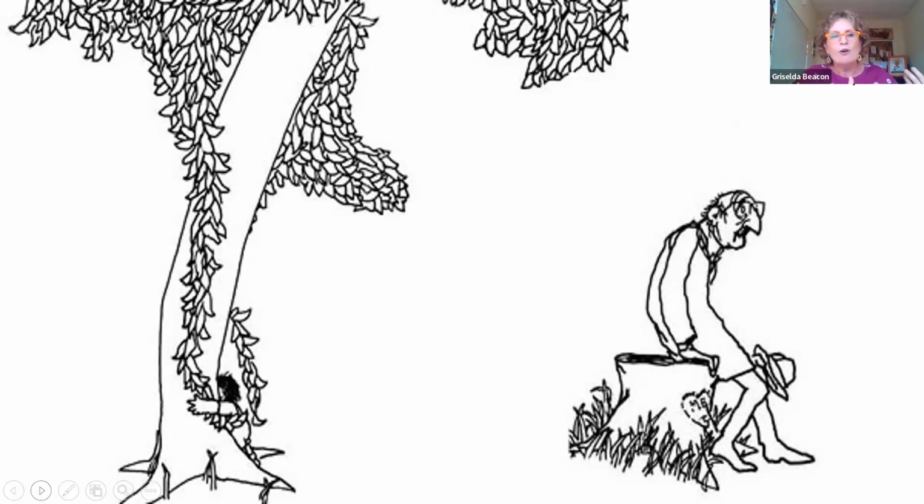And the tree gives the trunk for the boat. And in the end, the only thing left of the tree is a stump. When the little boy becomes a grown-up and comes back as an old man, as a senior, the only thing he can do is sit on the stump. And that's the story.